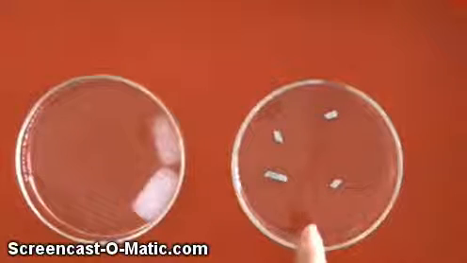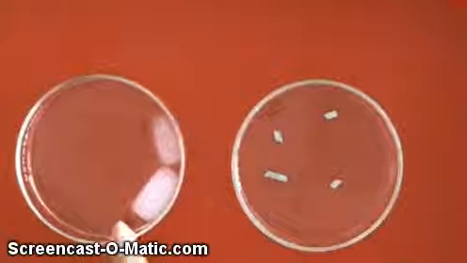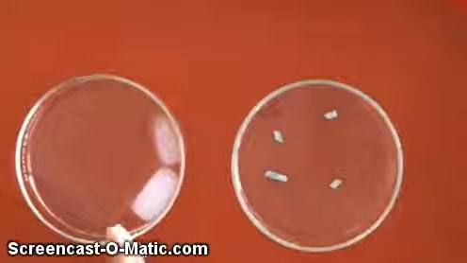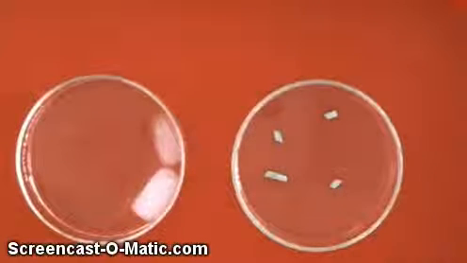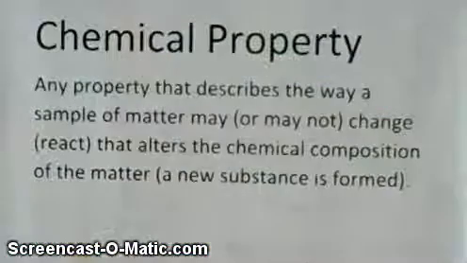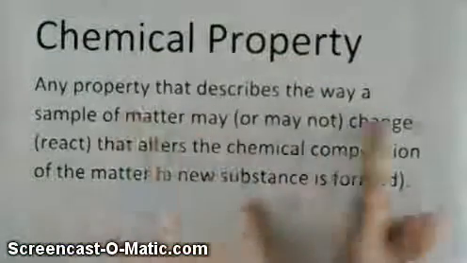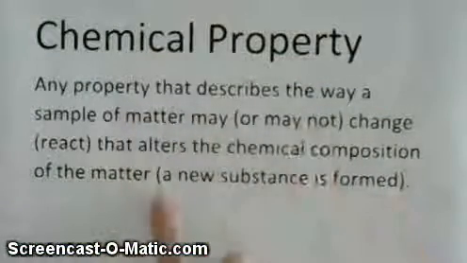So magnesium reacts with an acid, water reacts with an electric current, and in both cases you get brand new materials. You get hydrogen and oxygen for the H2O, and you get hydrogen gas and magnesium chloride for the magnesium. So that was a chemical property.